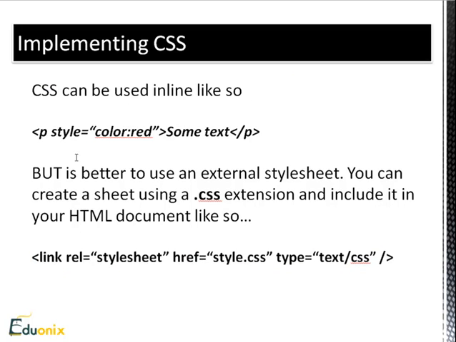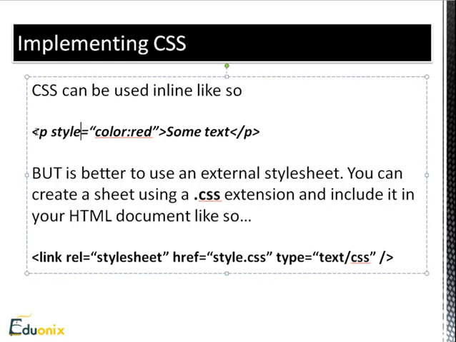You also can use inline style right in the tag you're using, or the element. So say we have a paragraph, we can add a style attribute, and that will allow us to put CSS values in. So you can see here we have color red, and the values are separated by a label, I guess you could call it, and then a value.